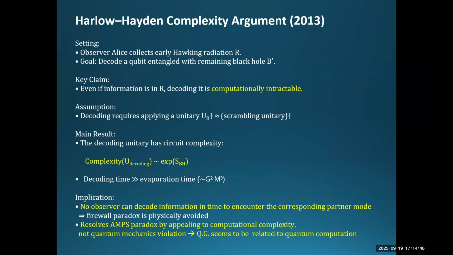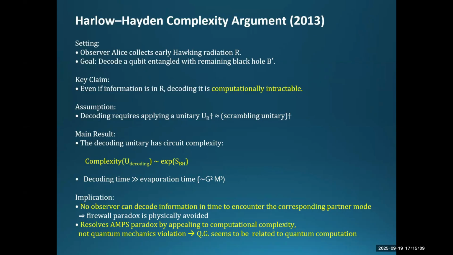So this resolution is very different from the ordinary one. Decoding time is larger than the evaporation time of the black hole. So an outside observer trying to check the entanglement takes longer than the life of the black hole itself.